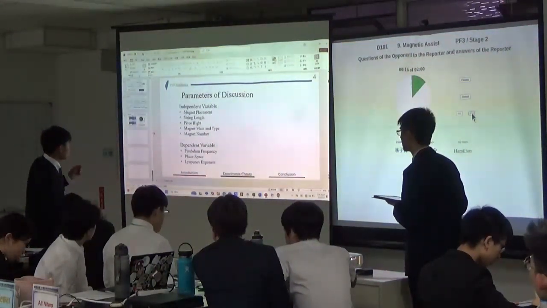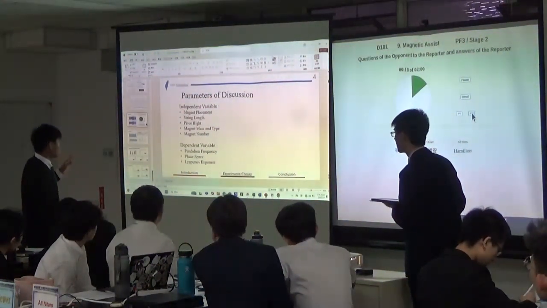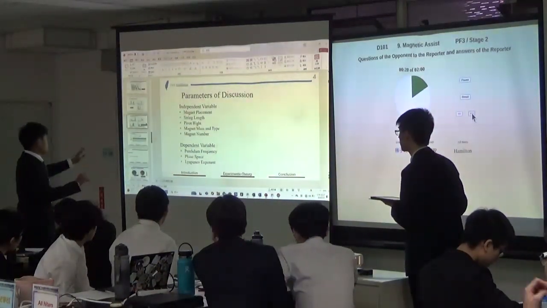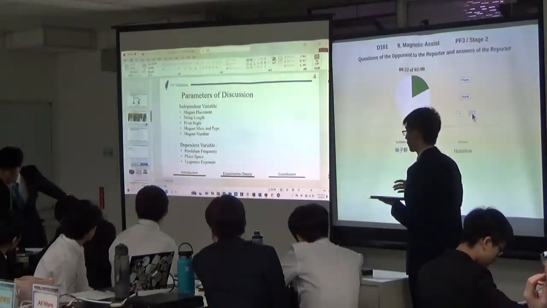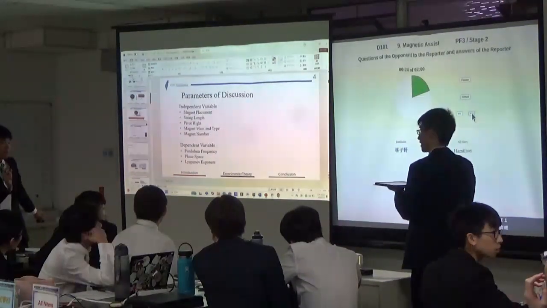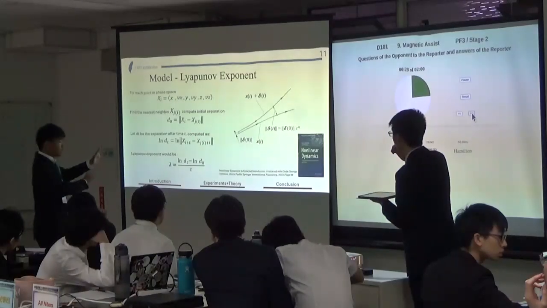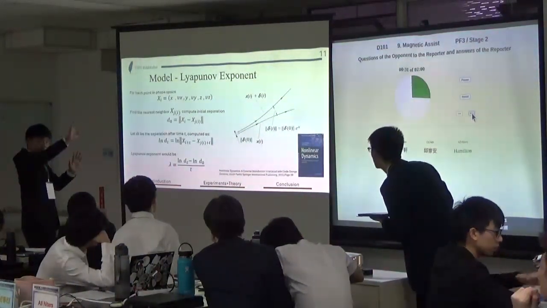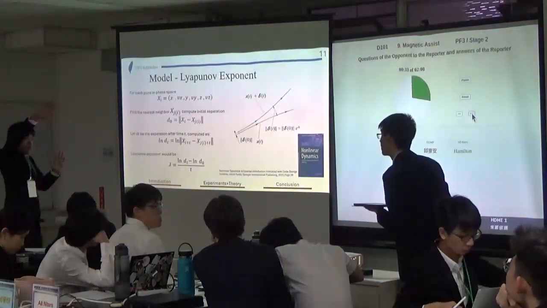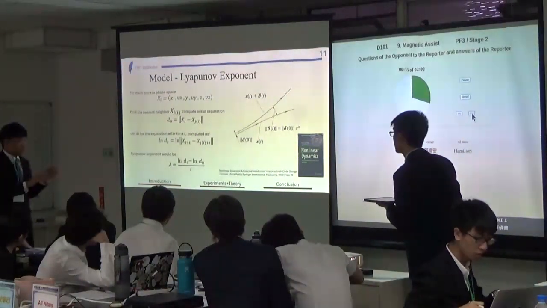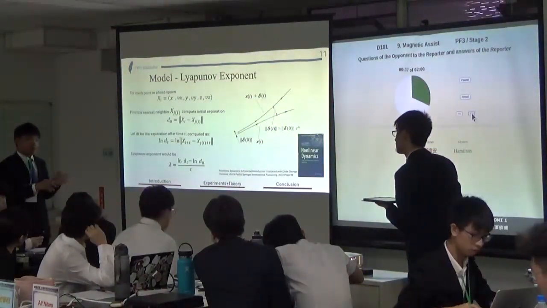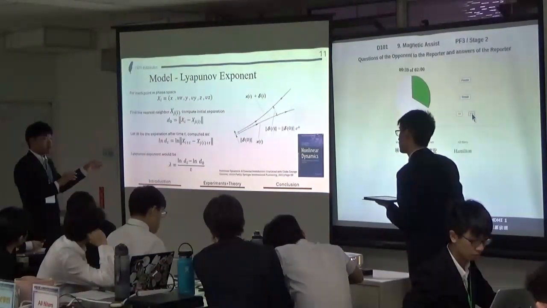In the graph, we find the most significant slope, and if that slope is positive, we classify it as chaotic movement.